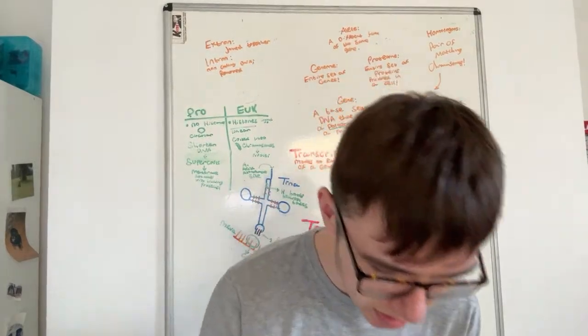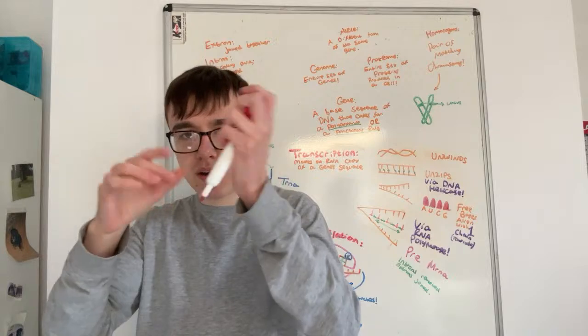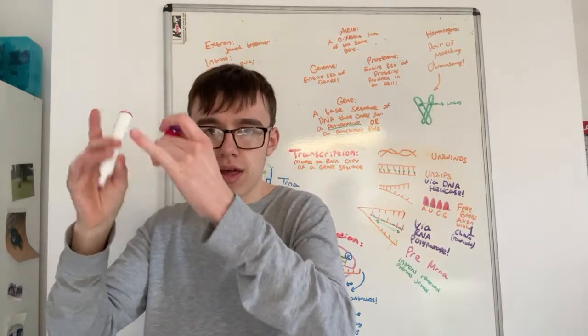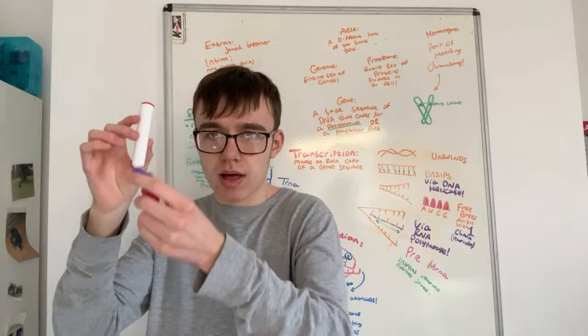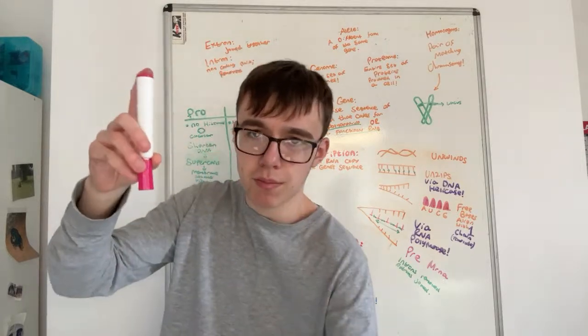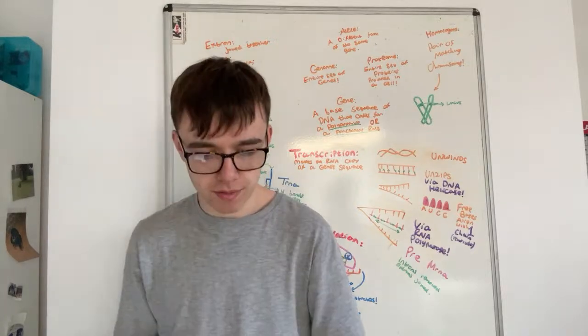Imagine initially it's like a bunch of random bases. They move in and line up, and that's when the RNA polymerase joins it together, so that now it's an exact copy.